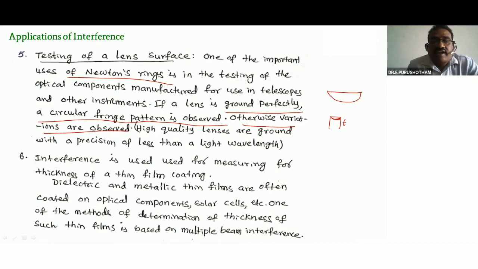Dielectric thin films and metallic thin films are available in the market, but nowadays dielectric thin films are used, in optical components, solar cells, etc. One of the methods of determination of the thickness of such thin films is based on multiple beam interference. Simply, up to here you should remember. That is the sixth point.